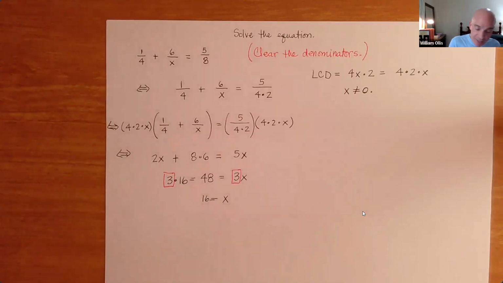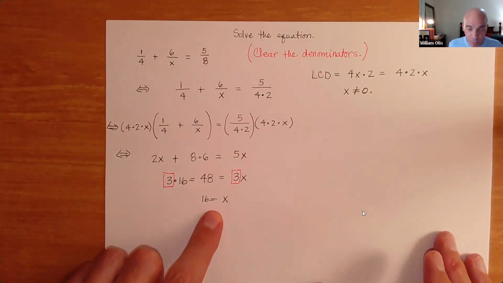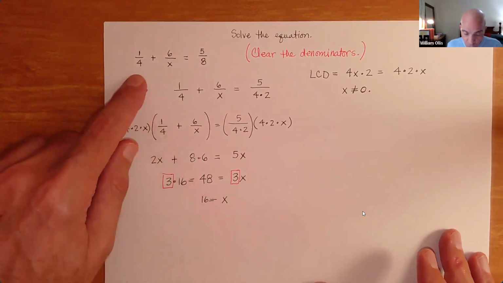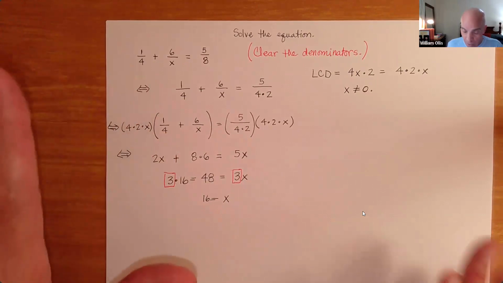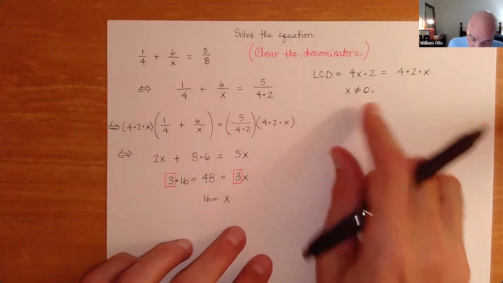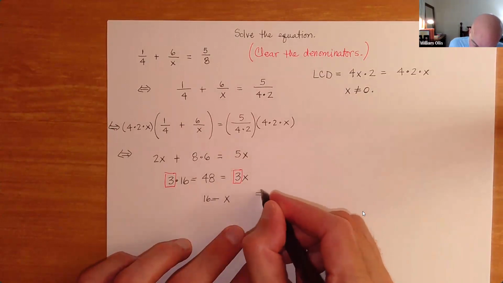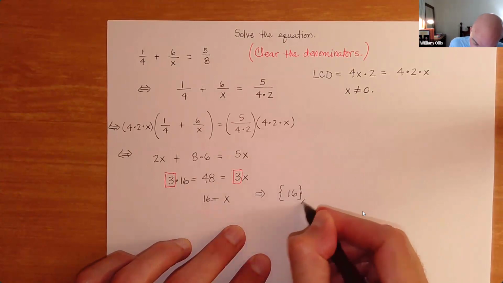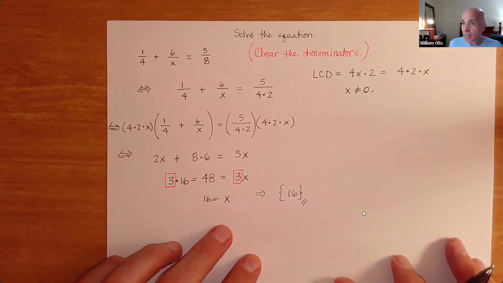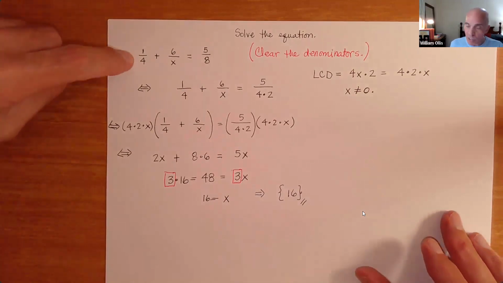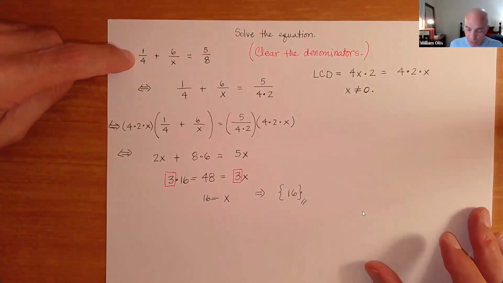Now, one thing that's interesting about this particular problem is if we compare it to the last one, we're still good. That is, 16 is not equal to 0. So this will imply that we have a legitimate solution. So we could put that in the solution set. So again, we have a solution set that contains one element. This equation has a unique solution.